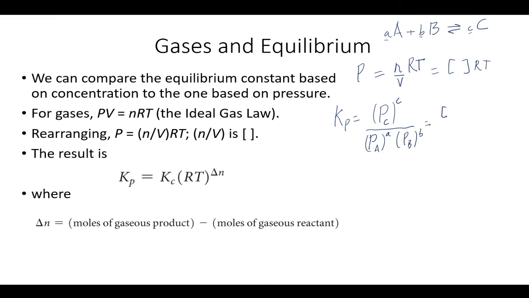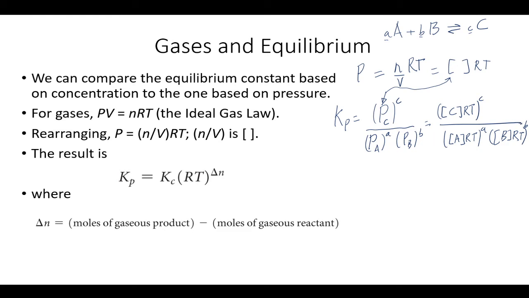So this is going to be the concentration of C times RT raised to the power of C. All I've done here is replace the pressure of C with the concentration of C times RT. And the bottom then looks similar, concentration of A times RT to the A, concentration of B times RT to the B.